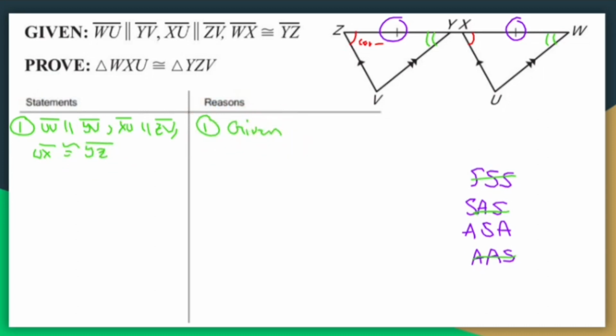Okay, let's go with the red angles. Angle VZY is going to be congruent to angle UXW. And the reason for that is the definition of corresponding angles.